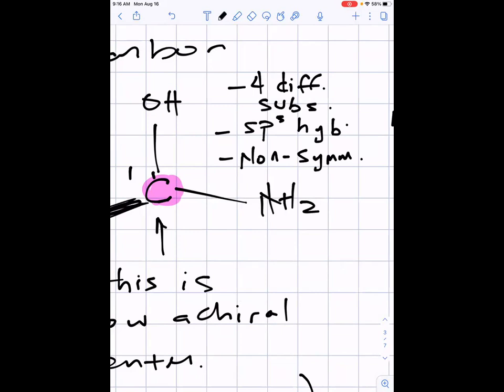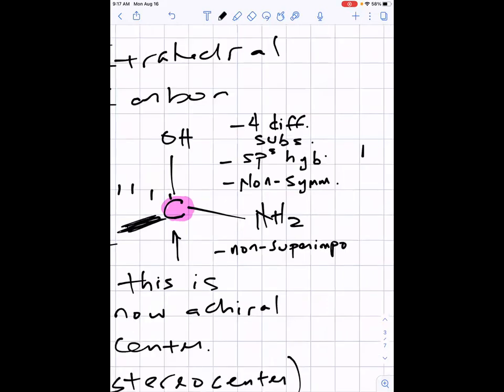The 4 different substituents, the fact that it's sp3 hybridized, is non-symmetrical, and the big one, which is where we're going to take this, is that it's non-superimposable on its mirror image.